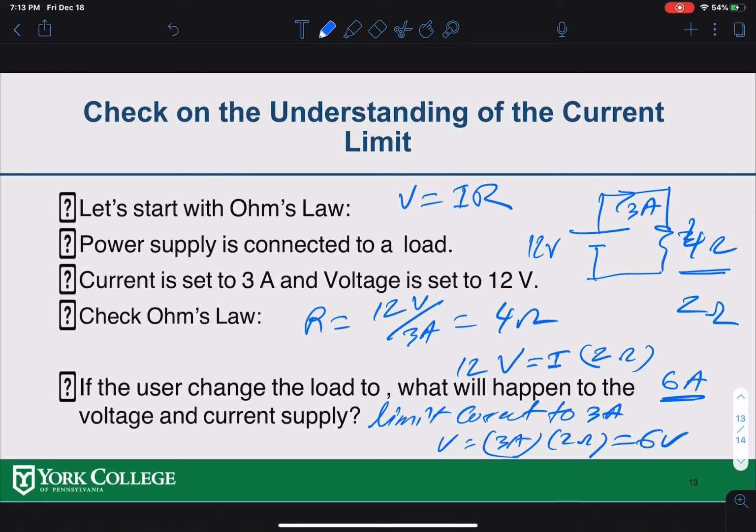You cannot get more than 3 amps because you limited the current to 3 amps through the regulated power supply. To adjust for Ohm's law, your voltage will come down to 6 volts. That will satisfy Ohm's law.